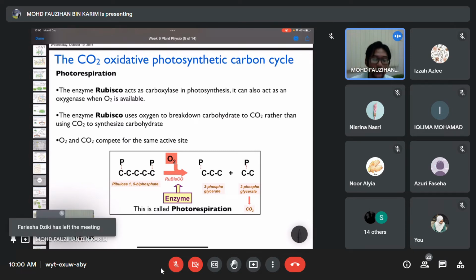Itu namanya process of reduction, right? The ATP and also the high energy electron carrier transfer the energy to form glucose. So the energy is conserved in the glucose, right?